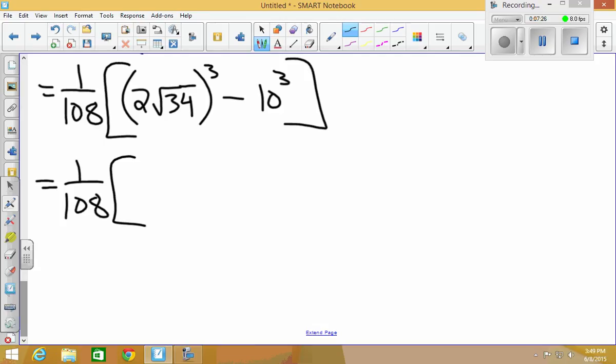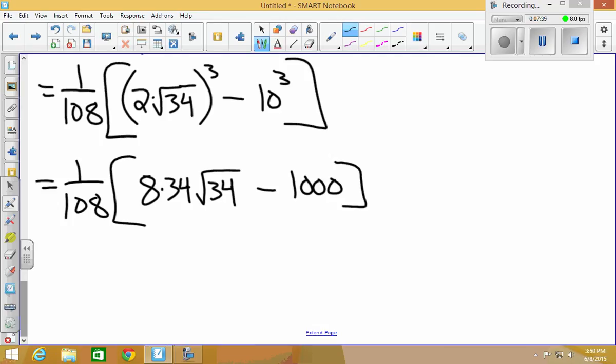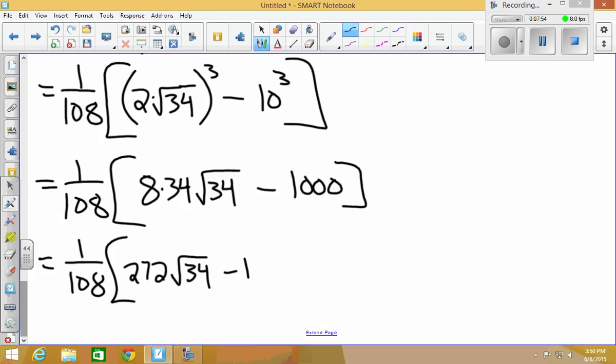Cubing 2 times the square root of 34 gives us 8 times 34 times the square root of 34. And cubing 10 gives us 1,000. So finally, 1 over 108. 8 times 34, 8 times 4 is 32, 24 to 272, square root of 34 minus 1,000.